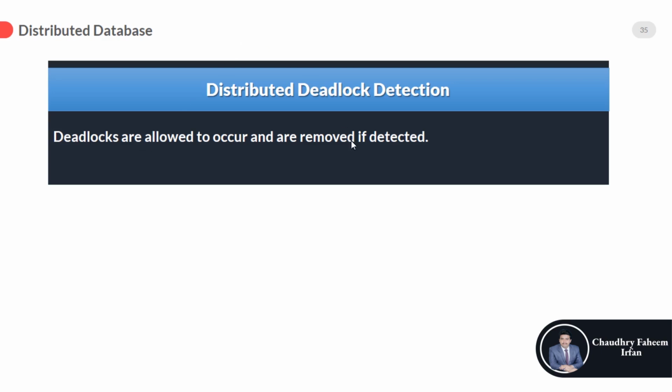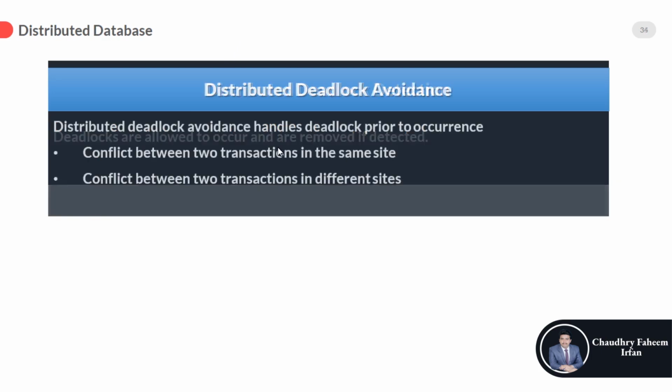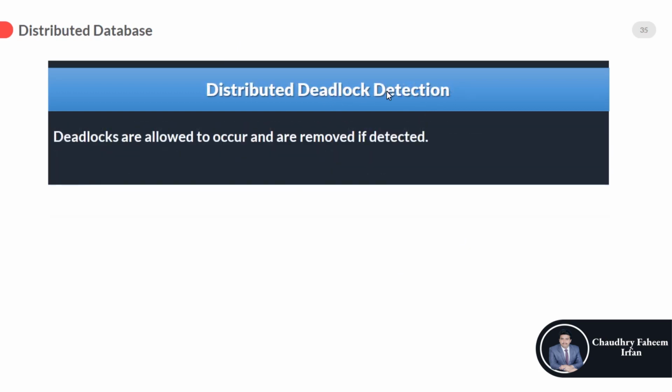So instead of before occurrence or avoidance, we can allow a site to access site 2 or lock the atom of site 2, and if a deadlock occurs, then first detect and then remove the deadlock. So a victim transaction should be deleted in distributed deadlock detection.